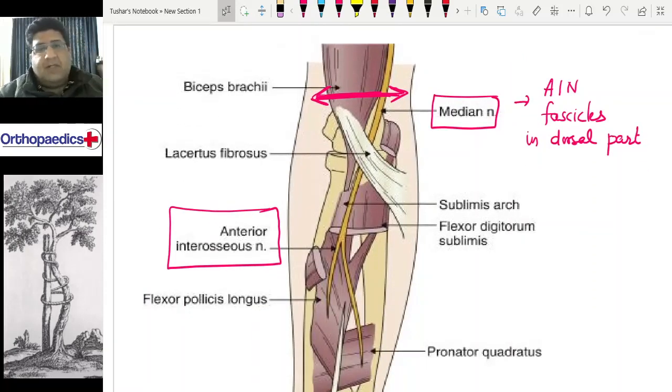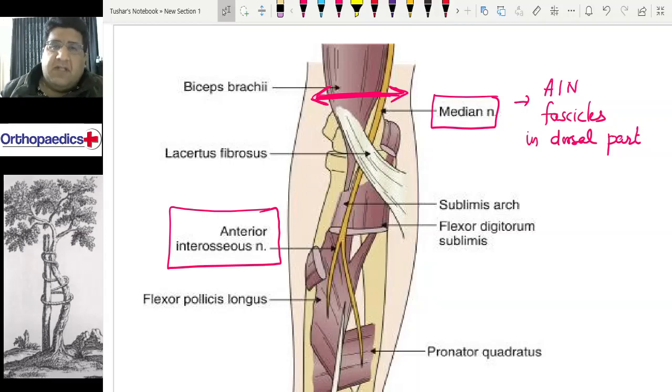I totally agree with all of you that the median nerve gives rise to the anterior interosseous nerve distal to the elbow, when the median nerve pierces the two heads of pronator teres, the humeral and the ulnar head, and then the anterior interosseous nerve originates from there. I agree. But I also want all of you to understand that even before the origin of the anterior interosseous nerve, the dorsal part of the median nerve already has certain AIN fascicles.